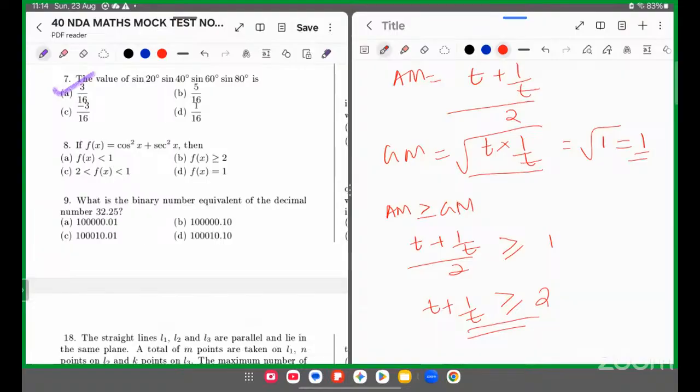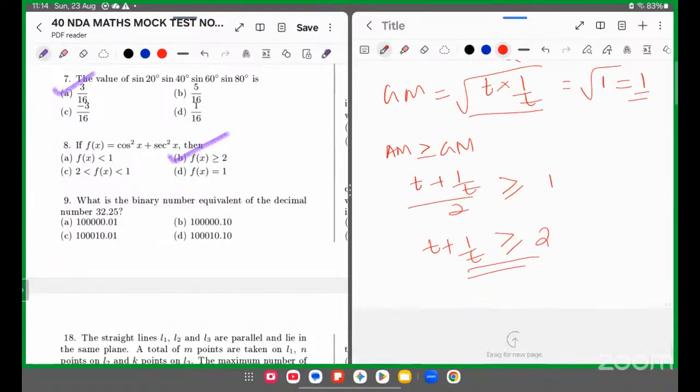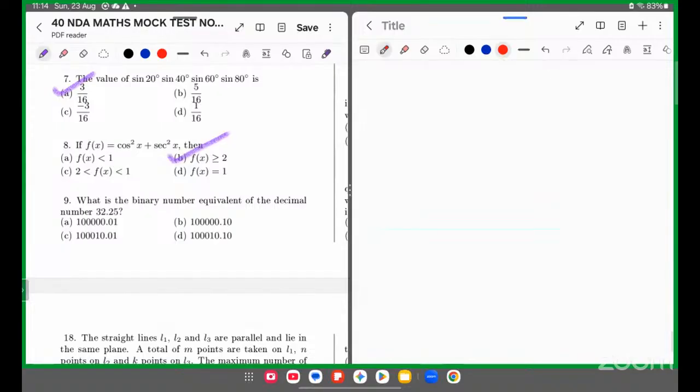So option B will be the correct answer. It means the arithmetic mean is always greater than the geometric mean. That idea we can use.